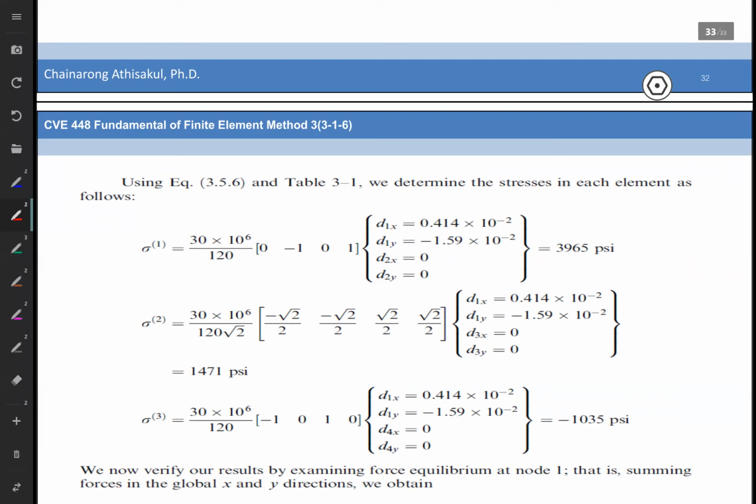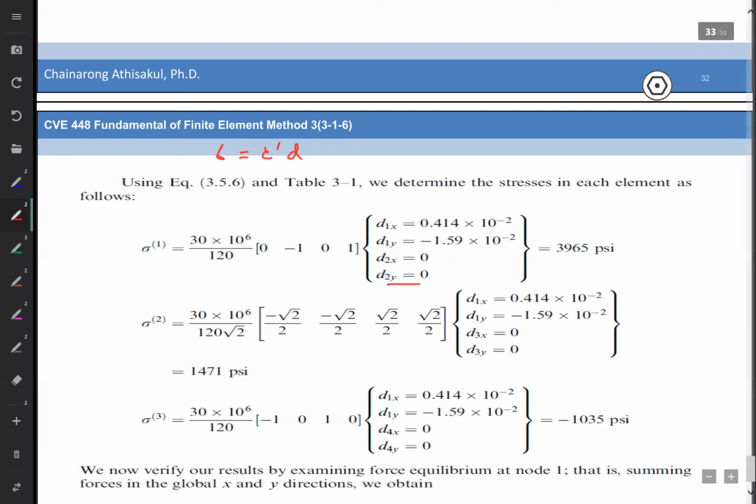And we have the equation sigma equal to C prime D. Okay, so for this case, we can determine the matrix C prime, and we know the displacement for each element.